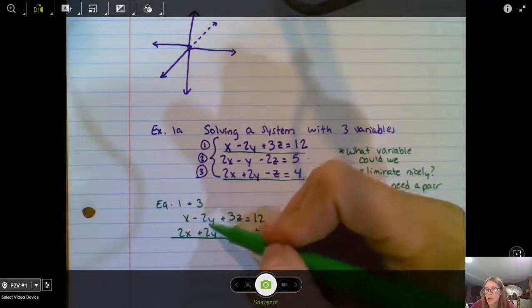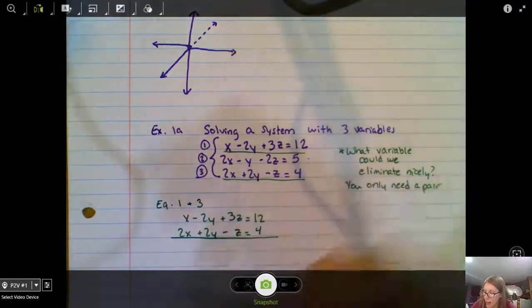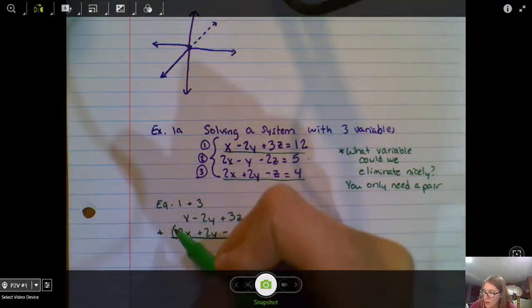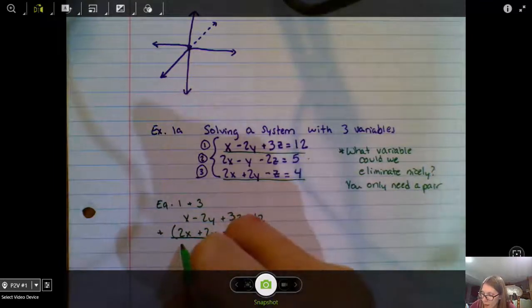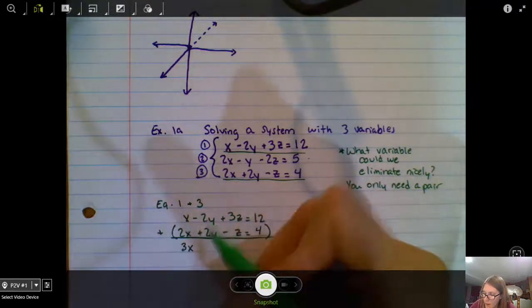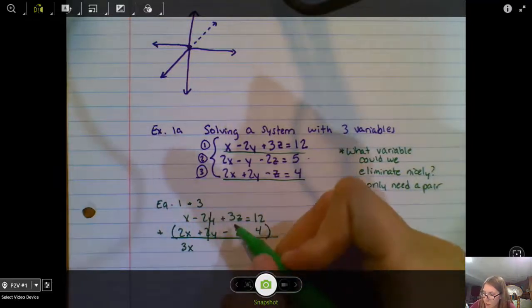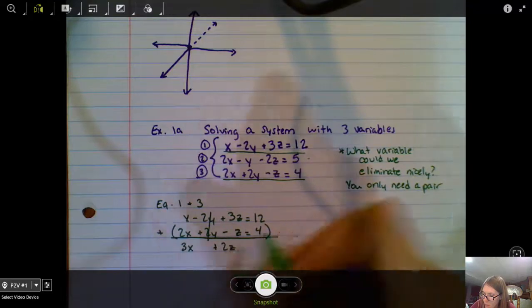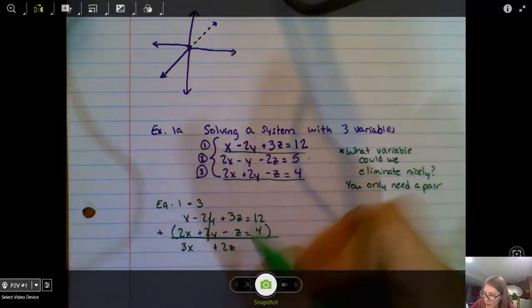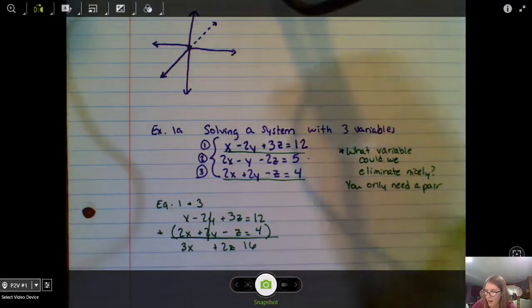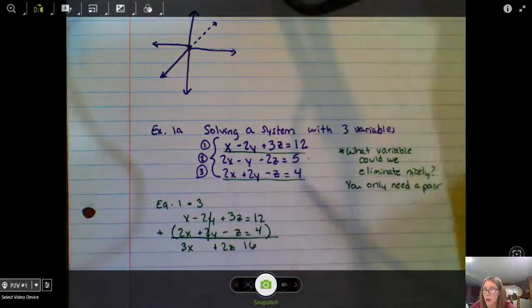To get my negative 2y and my positive 2y to cancel out, I have to add my equations straight down. x plus 2x is 3x. Negative 2y and positive 2y cancel. 3z plus negative z is a positive 2z. And 12 plus 4 is 16. All right, so equation 1 and 3 works out nicely.